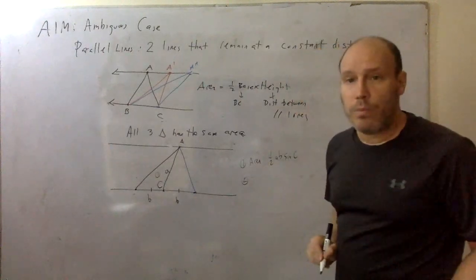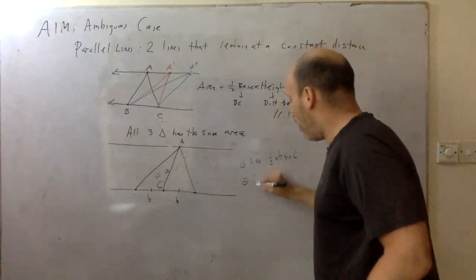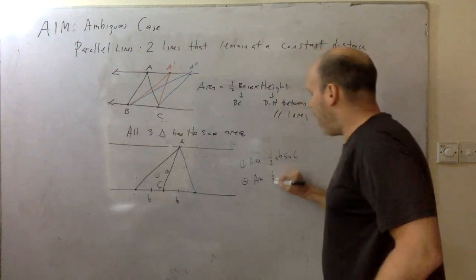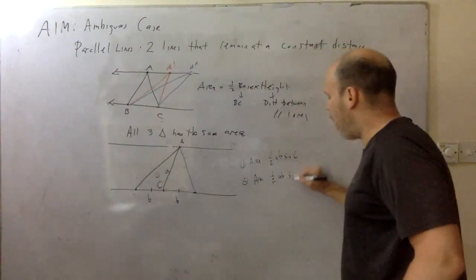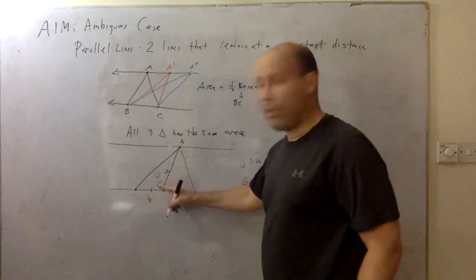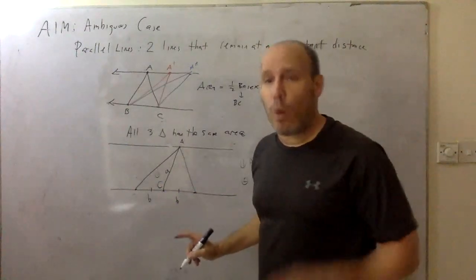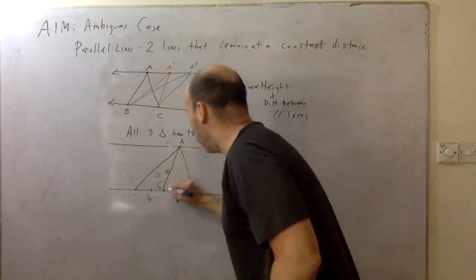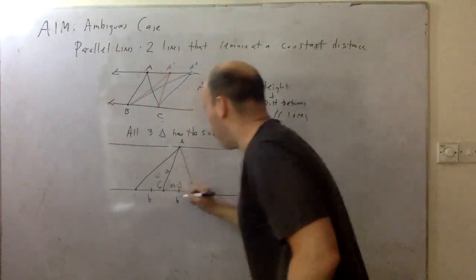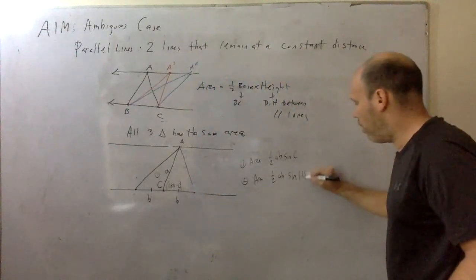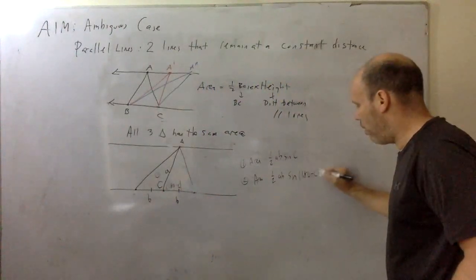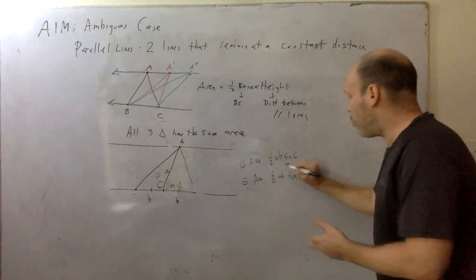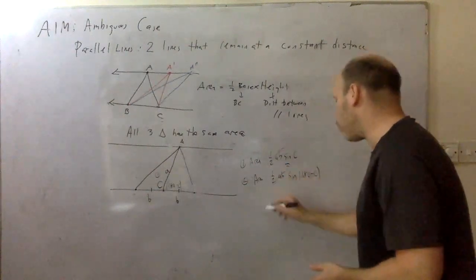Triangle 2 has area 1/2 AB sine of, well, if this angle is C, its supplement is 180 minus C. And since they're equal to each other, we can start to cancel.